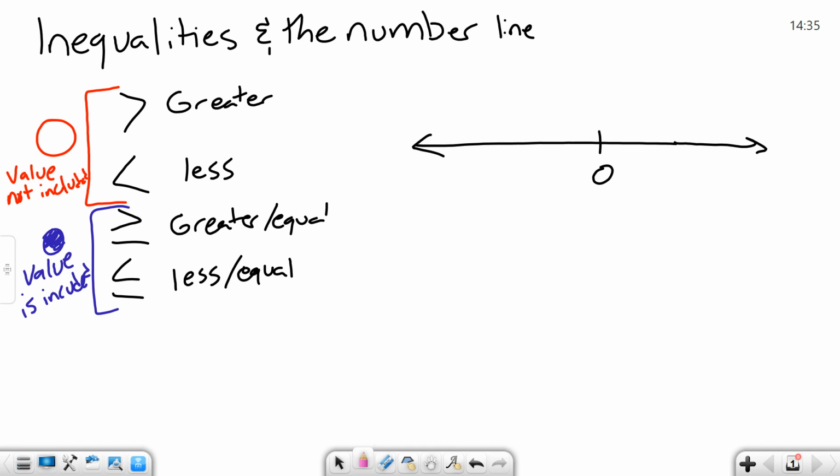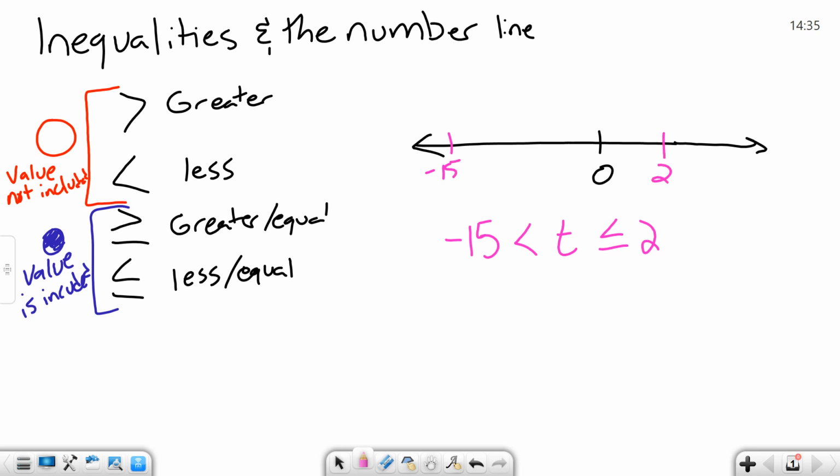If I say that negative 15 is less than t, and t is less than or equal to 2, we would find negative 15, positive 2.